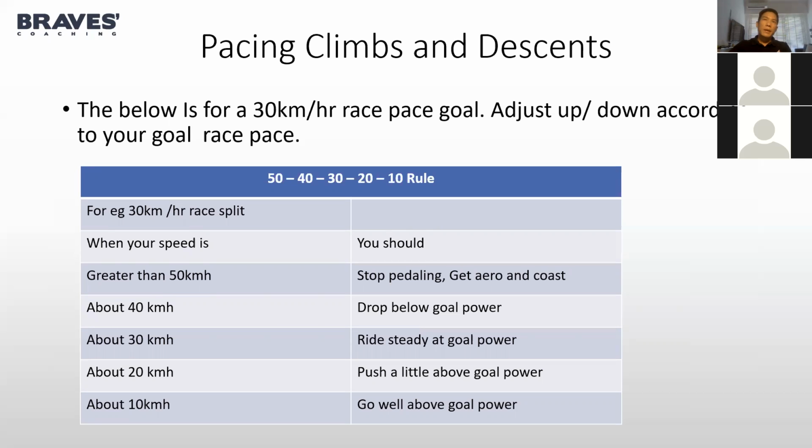So this is a little slide on pacing on climbs and descents. It's a rule of thumb kind of thing. When you are climbing, your power shoots up, so you think, how much above FTP, or how much above goal race power, can I push so that I don't blow up, right?